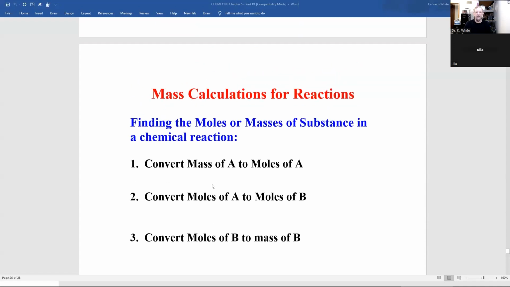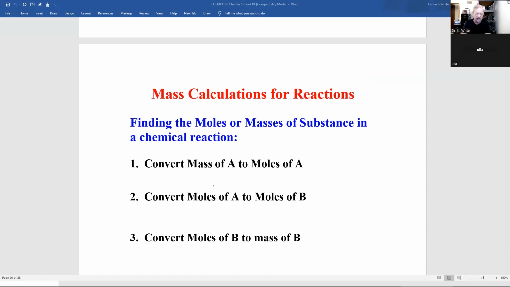All right. Let's continue where I left off last week. I was talking about mass calculations for reactions, and this is a three-step calculation finding moles or mass, usually mass, which is grams of a substance in a chemical reaction. The three steps are: one, whatever you're given the weight of, the mass, you convert to moles, which you should know how to do by now.